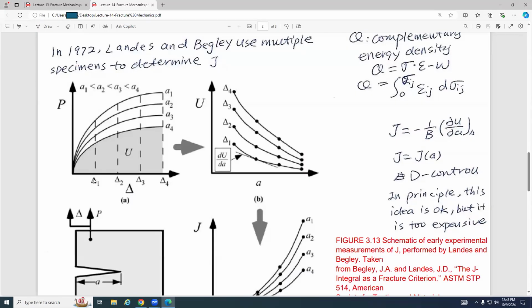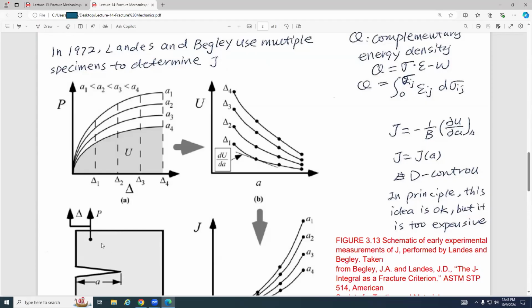The vertical line is P and the horizontal is delta. And U is the potential, the spring energy density. So you can calculate U from different delta 1, delta 2, delta 3, and you will have this dU/dA.